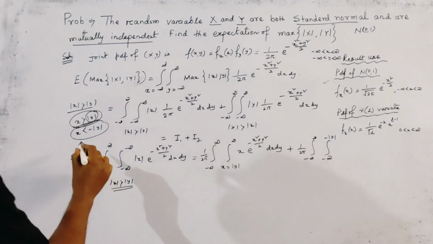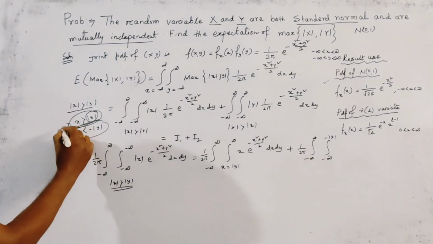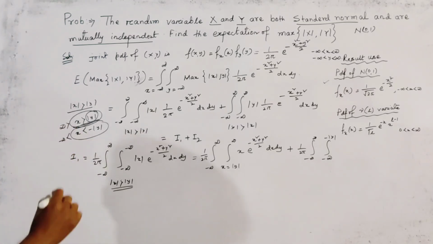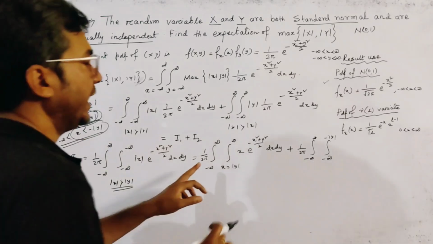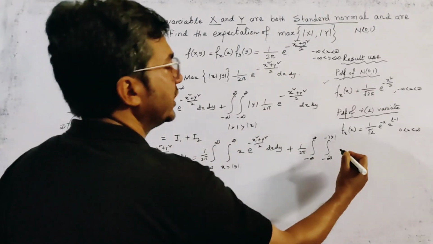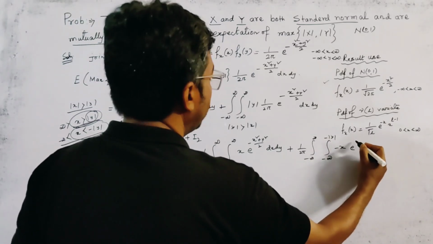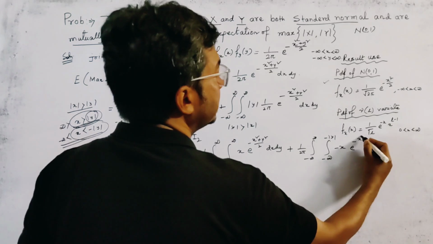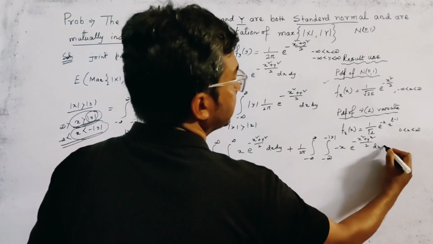Okay, because this range gives that this is minus infinity and this is infinity. So we put this range: minus infinity to minus mod y, and in this case x is negative, so we put here minus x, and this is e to the power minus (x square plus y square) by 2 dx dy.